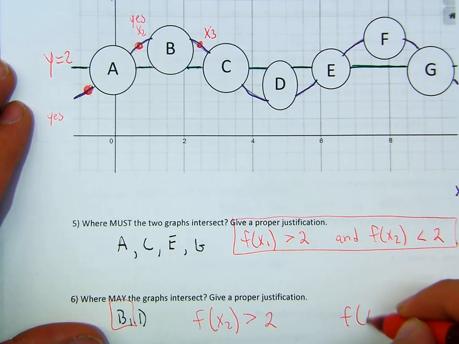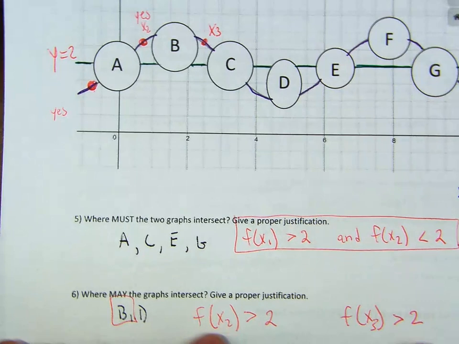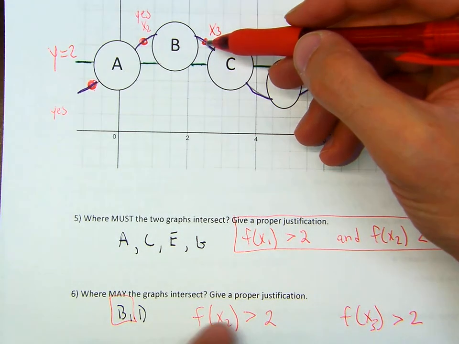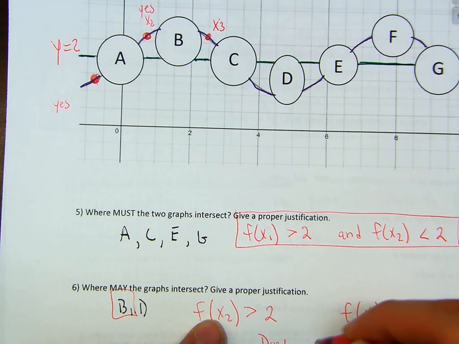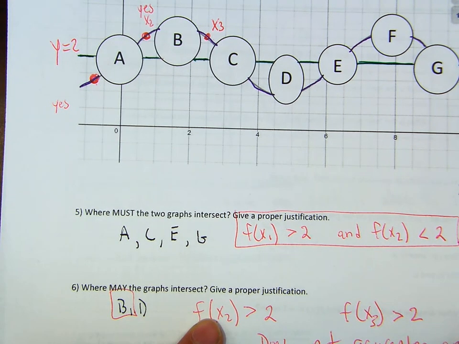Notice that f of x sub 3 is also greater than 2. Two points above 2 does not guarantee an intersection with y equals 2.